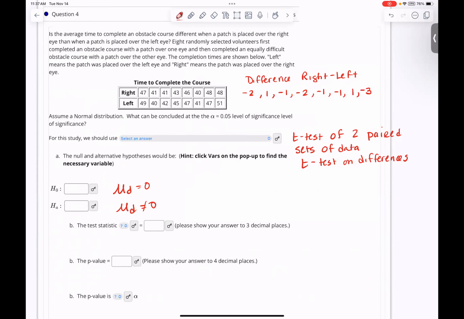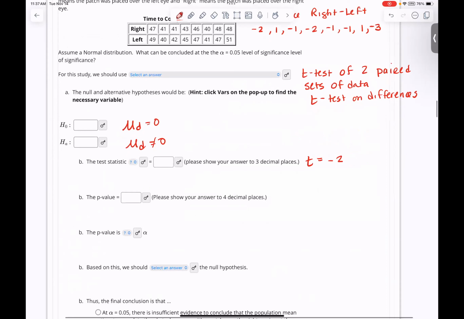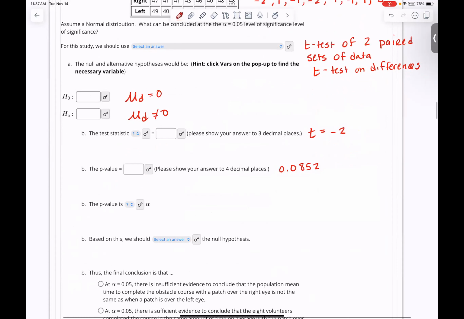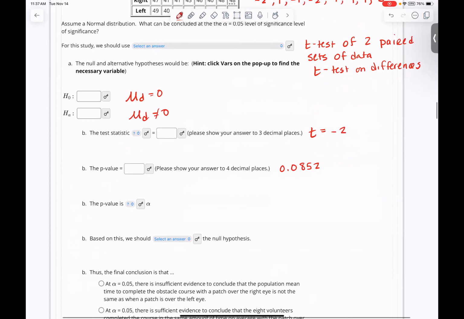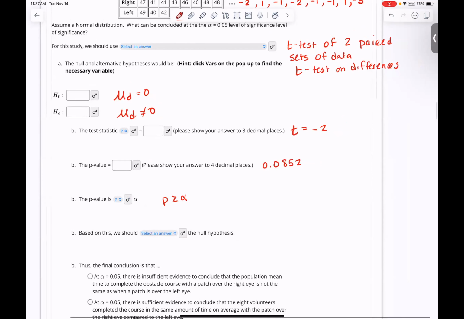They say to 4 decimal places, so it is 0.0852. So what was my alpha? My alpha is 0.05. So my p-value is greater than or equal to alpha. 0.08 is bigger than 0.05.